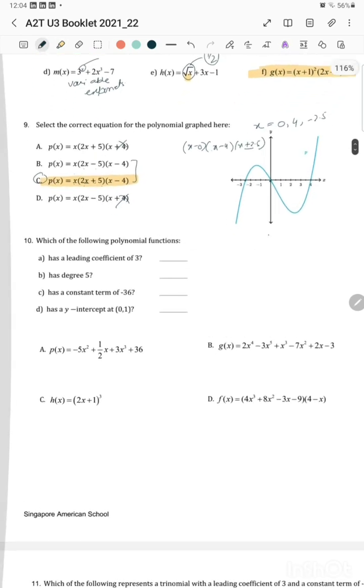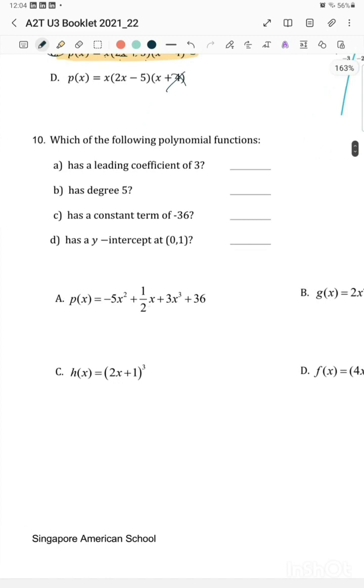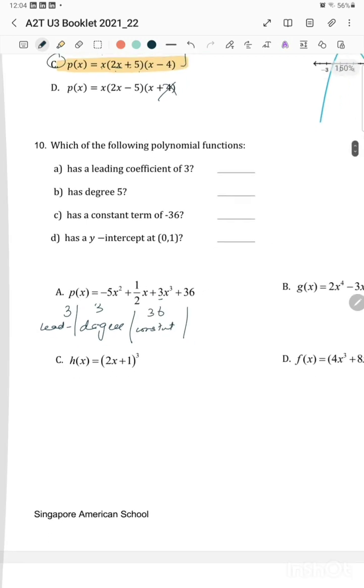Leading coefficient of 3. Okay, so leading coefficient here is 3, degree of the polynomial is 3, constant term here is plus 36, y-intercept 0, 1.